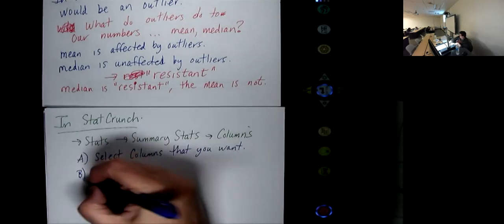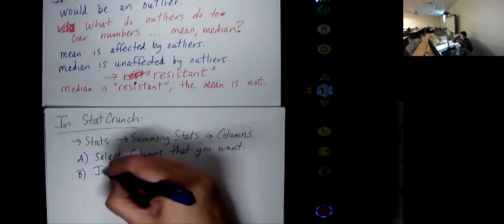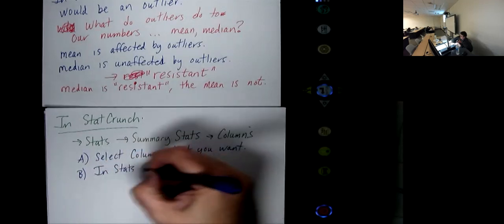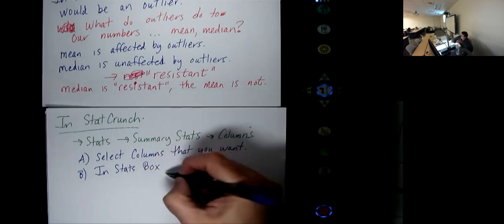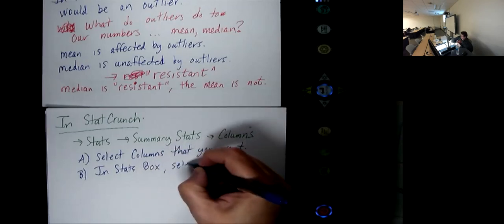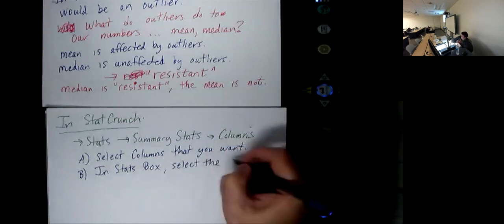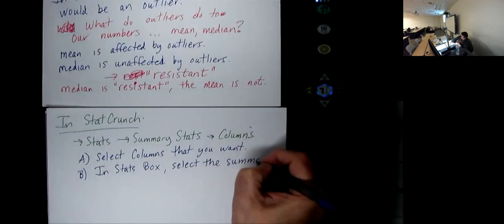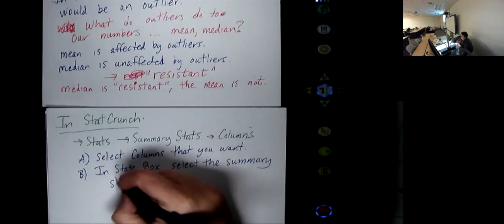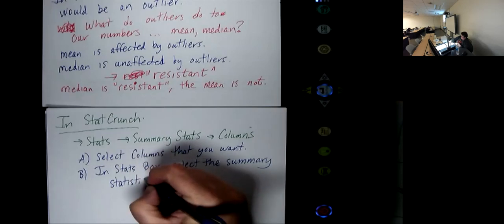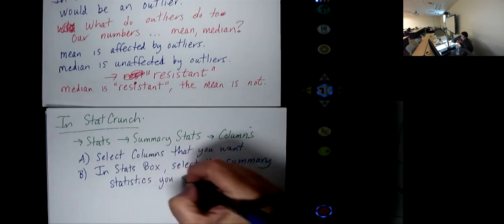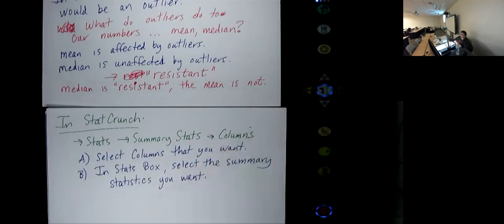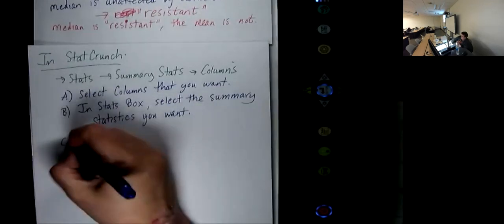And then in a box called the stats box, select the summary statistics you want. Finally, click compute.